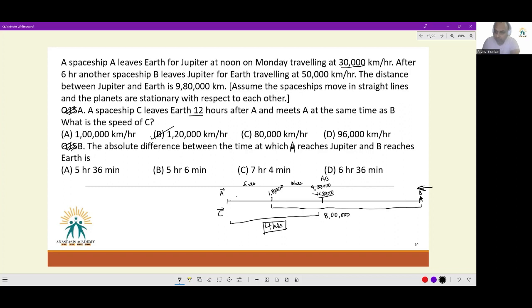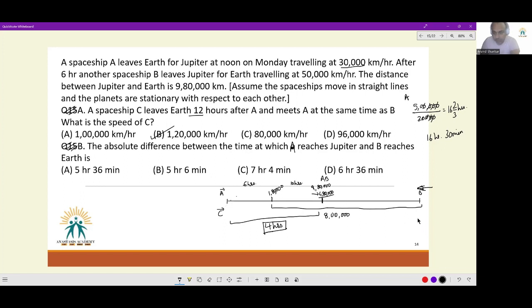A has to travel 5 lakh more, 5 lakh distance at the rate of 30,000. So he will take 16 whole 2 by 3 hours or 16 hours 30 minutes. This is the time A will take after meeting here.